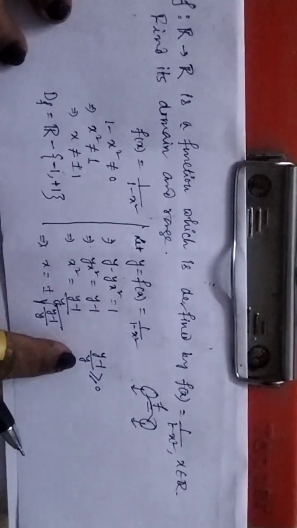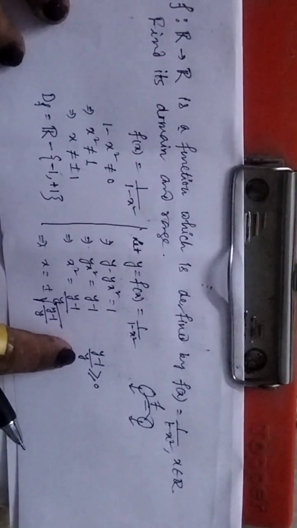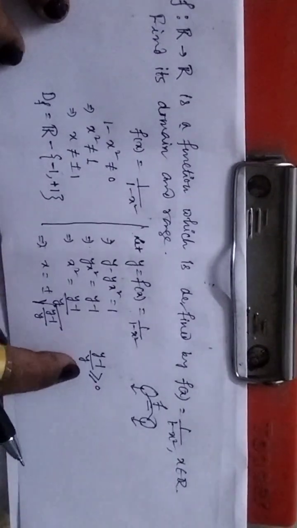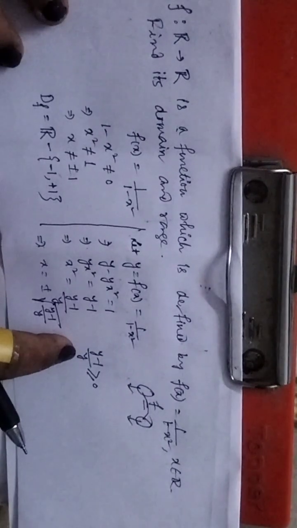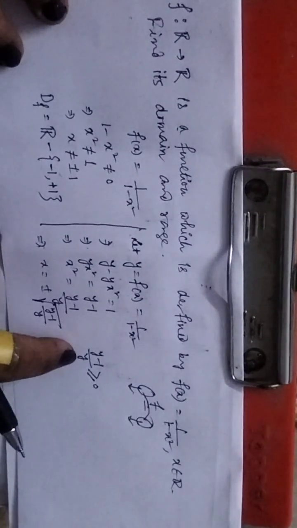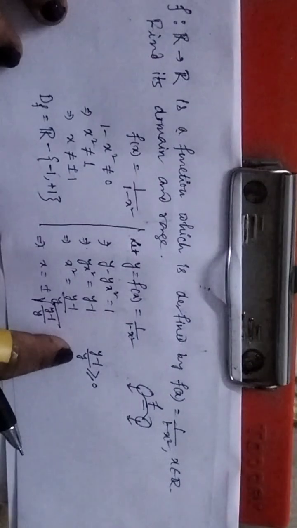Now from this it is also clear that y should not be equal to 0, because if y is 0, then this entire expression will be undefined. So y is not equal to 0.